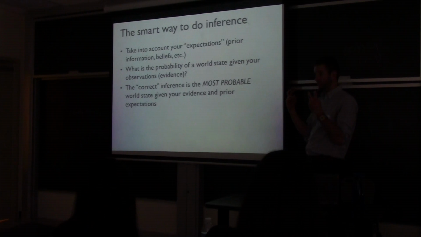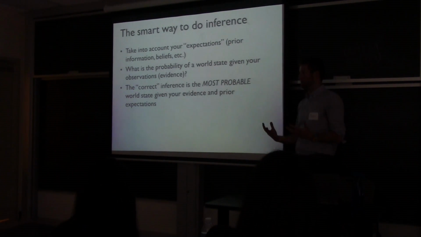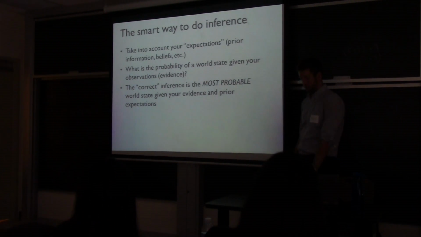So the best inference you can make is the inference which is the most probable or most likely to be true based on the evidence that you have and these prior expectations that you have developed over years and years of time.